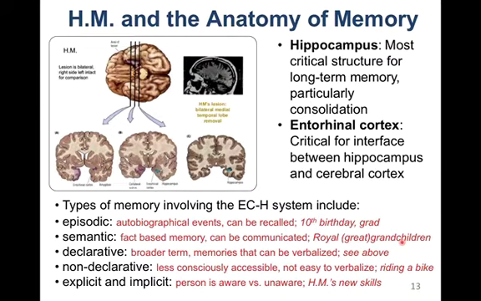Another example would be the grandchildren of Queen Elizabeth, right? You might not remember exactly where and from whom you learned about Prince William and Prince Harry, but you know that they are the grandchildren of Queen Elizabeth, right? And you probably know who their spouses are, and you may even know who their children are, depending on how much you follow the royal family.